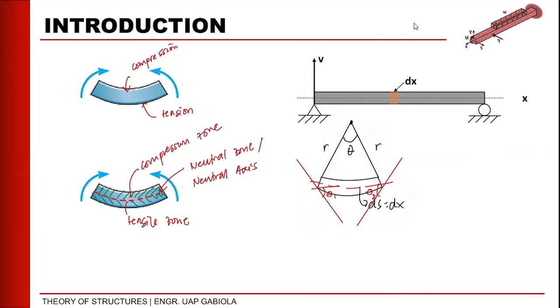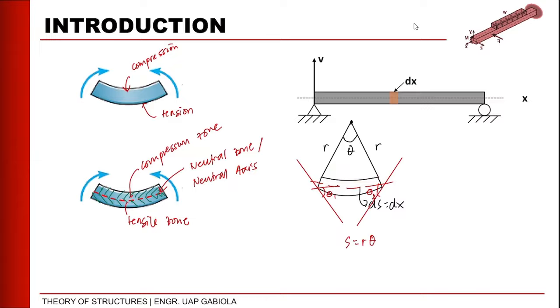Okay? So, ano bang formula na pumapasok sa atin when we see an arc of a circle? To verify or to know yung value nitong segment na to, we have a formula of s is equals to R theta para makuha natin yung arc length.